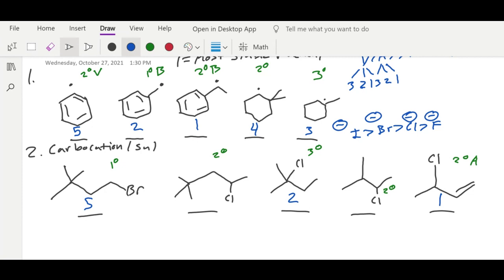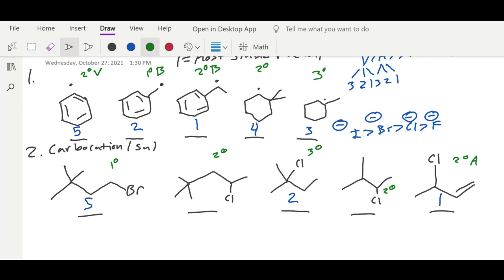Now, between my 2 secondaries, you have to consider rearrangement or the possibility of rearrangement. Okay, so if the chlorine rearranges, it's going to either rearrange to a secondary or a primary. Okay, which doesn't do anything for us. Sorry, I'm looking at the second one right here. So nothing happens here.